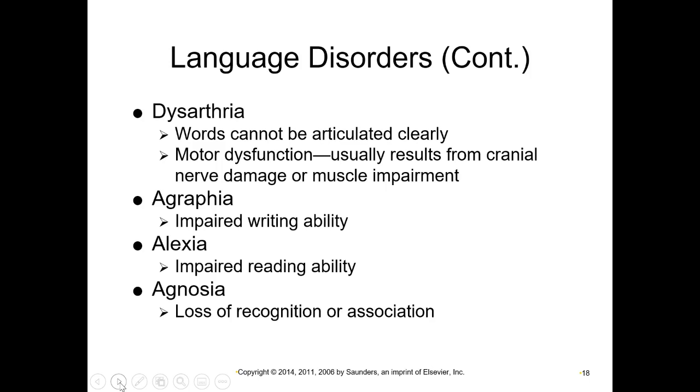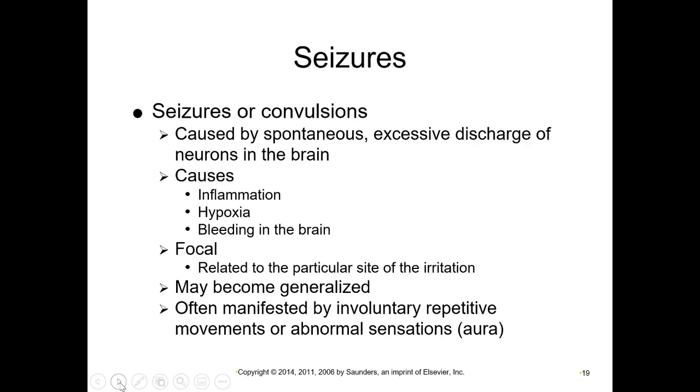Agnosia is a loss of recognition or association. Let's get to seizures. Seizures are convulsions caused by spontaneous excessive discharge of neurons in the brain. What causes this excessive discharge? Inflammation, hypoxia, bleeding in the brain.